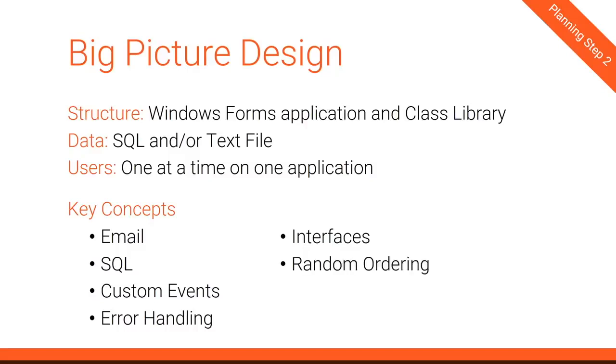Also, random ordering. We've mentioned four or five times in the answers to our questions the idea of random. It's random who gets what in what order. It's random who gets a bye for the first week if there is one. So this idea of randomizing information is going to be important.